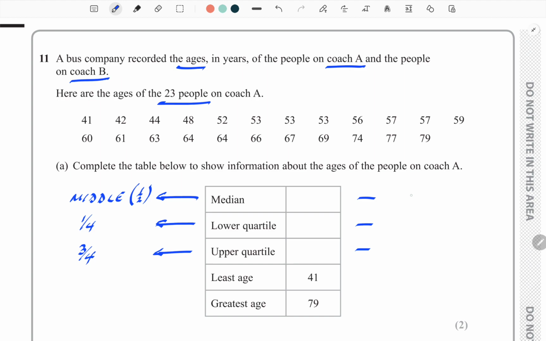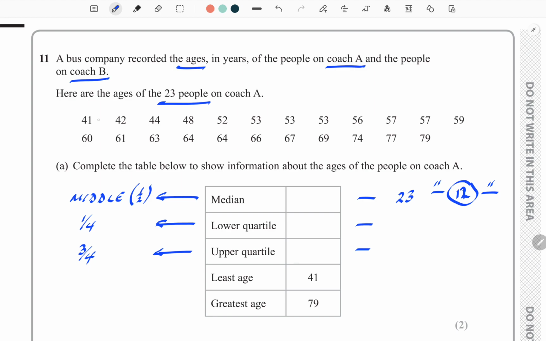So if I have 23 data points, the middle one is actually going to be number 12, because you have 11 below it and 11 above it, and that adds up to 23.